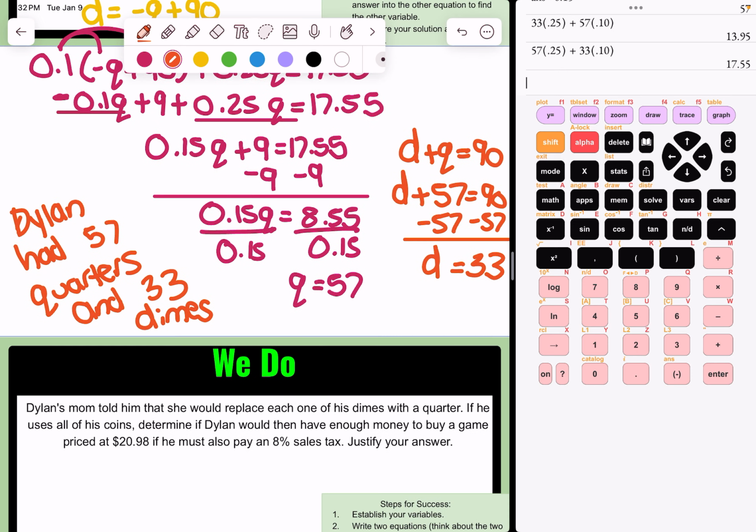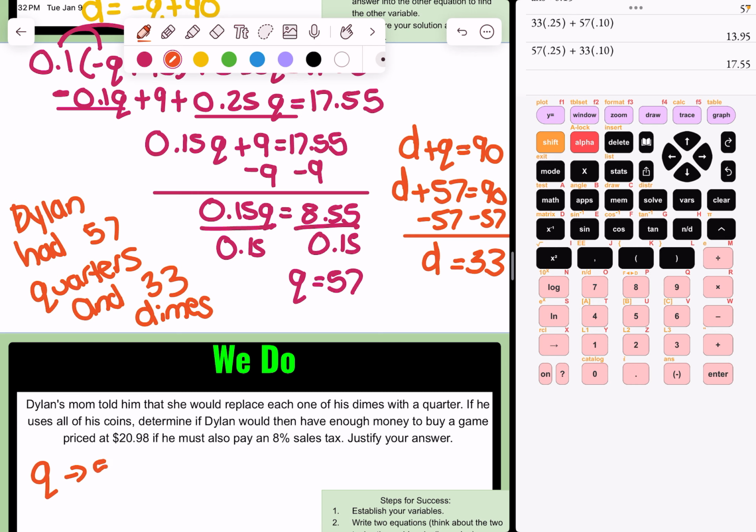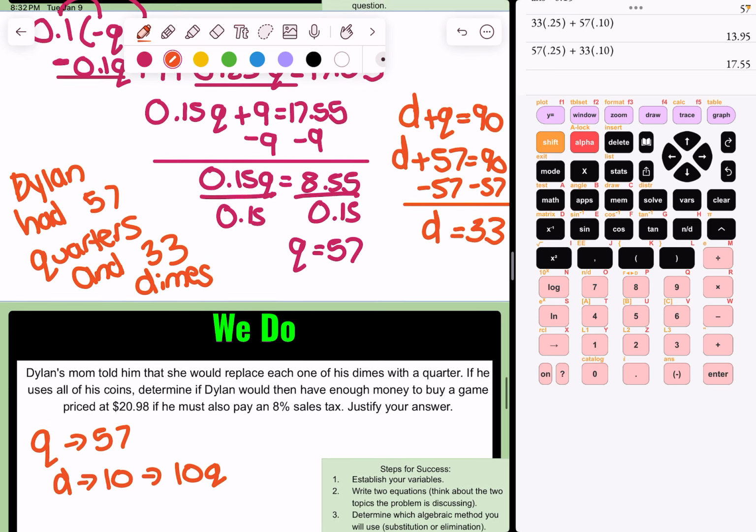Dylan's mom told him that she would replace each of his dimes with a quarter. So he already has 57 quarters, and how many dimes does he have?